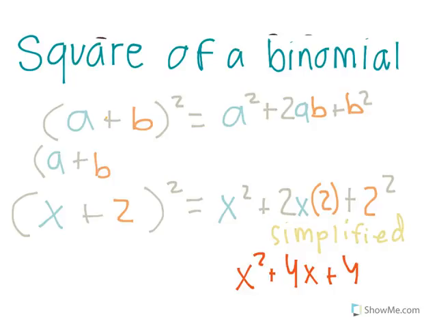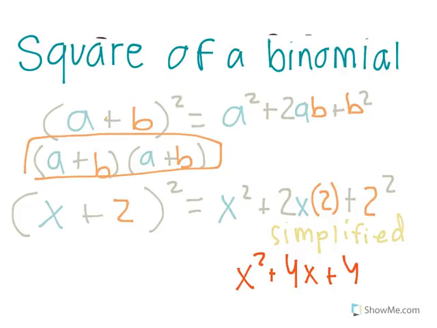And I can show you how this works with factoring. You can either memorize this rule, or you could just factor it out when you see something like this. You see how I have two binomials because it's just this one squared? The pattern is that if I have a plus b, the entire thing squared, it's going to be a squared plus 2 times a times b plus b squared.